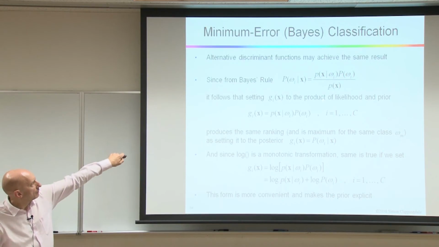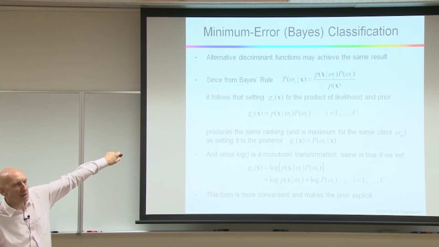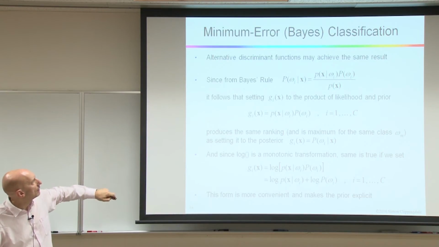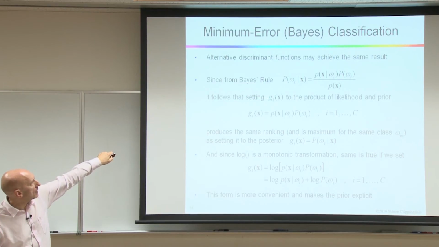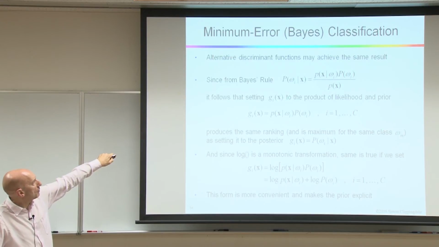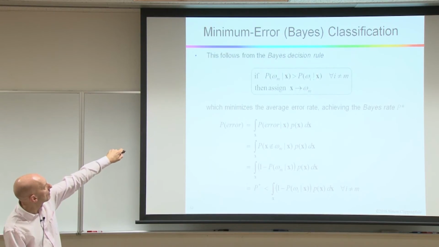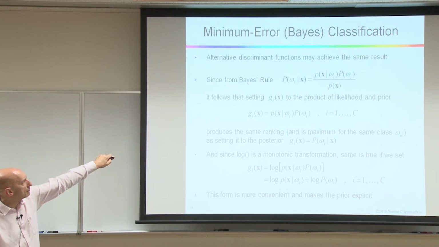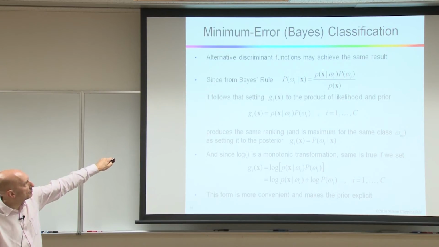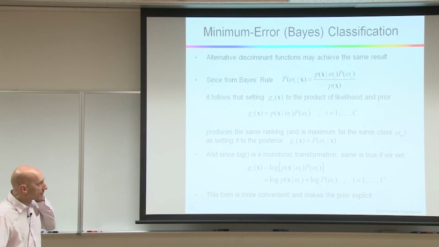But because the bottom here doesn't matter in this particular application, you can set these discriminant functions instead of setting it to this thing, you can set it to the top of this fraction here, which is the product of the likelihood, which is this thing, and the prior of each class, which is that prior probability of each class.